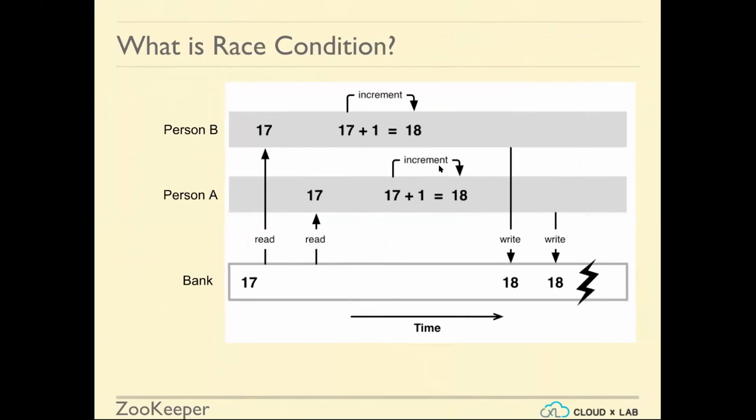Let's say your database is really safe, and while saving, it queues the incoming transactions. So at the end, the back-end programs of person A and person B both saved 18. Does it make sense to you?